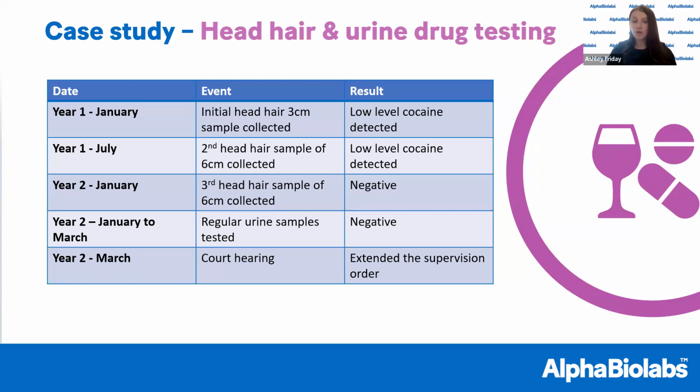So when the court hearing came back in the second year, they extended the supervision order, not solely based on the testing requirements, but also on other findings, such as the social worker. So a real benefit to that repeat testing; had they just done that initial test and determined that she had low-level cocaine use, that outcome may have been different. But testing her frequently over time, particularly accompanied by both wide and narrow window testing, really helped.